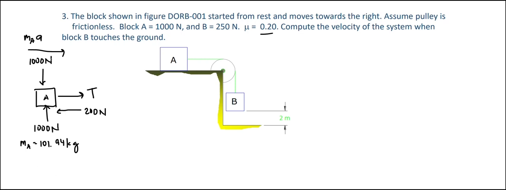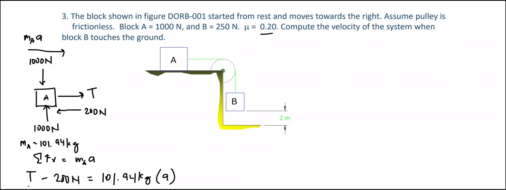Now taking summation of forces horizontal equal to the mass times the acceleration of block A. So we have a tensile force going to the right minus the frictional force of 200 newtons equal to the mass of block A, that is 101.94 kilograms, times the acceleration. So we have two unknowns for this first equation.